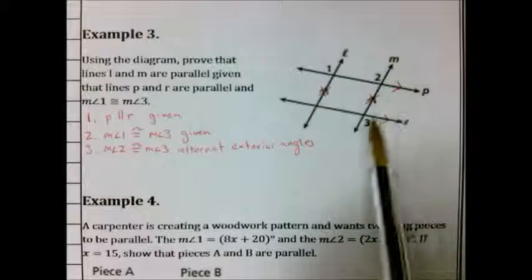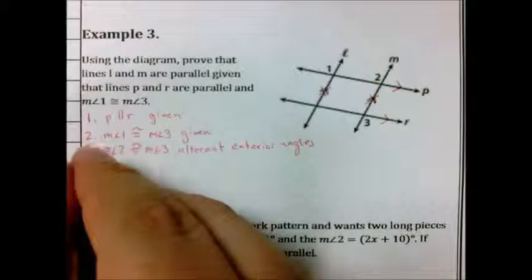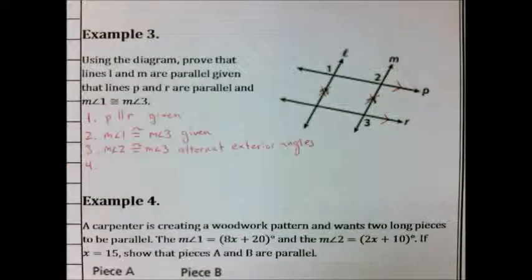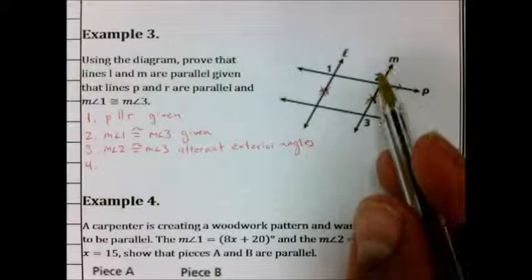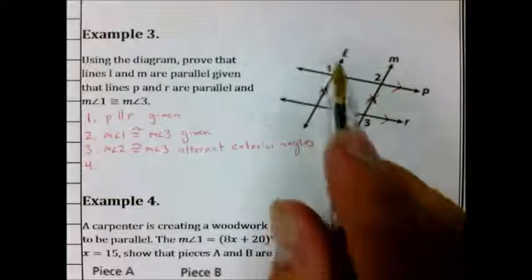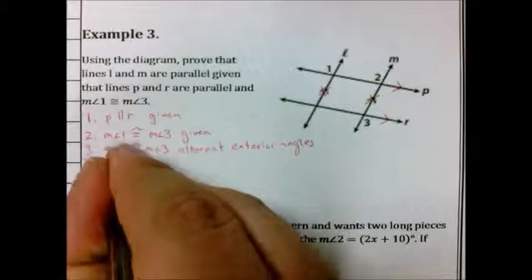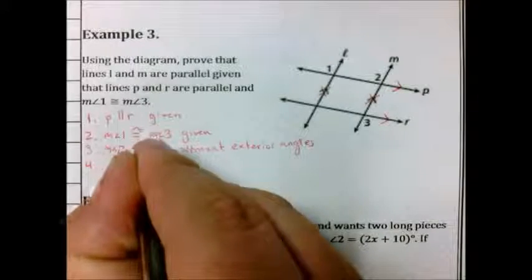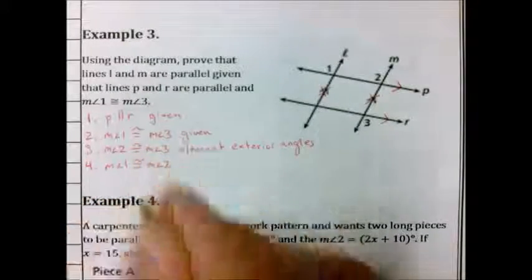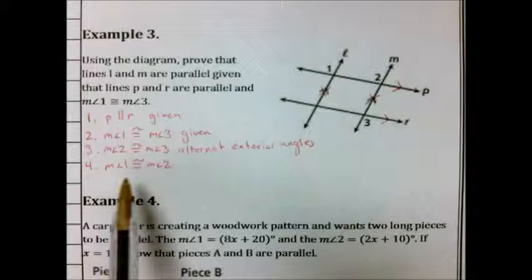And then what we're going to do here, this fourth thing, is that if these two are congruent, we already said that 1 and 3 are congruent, then the measure of angle 1 has to be congruent to the measure of angle 2 based on pure substitution.